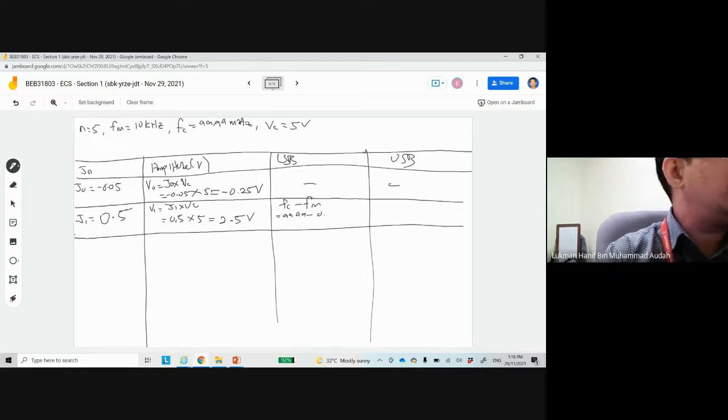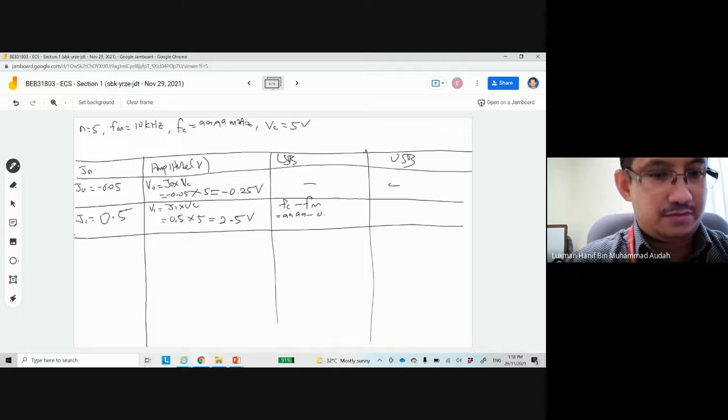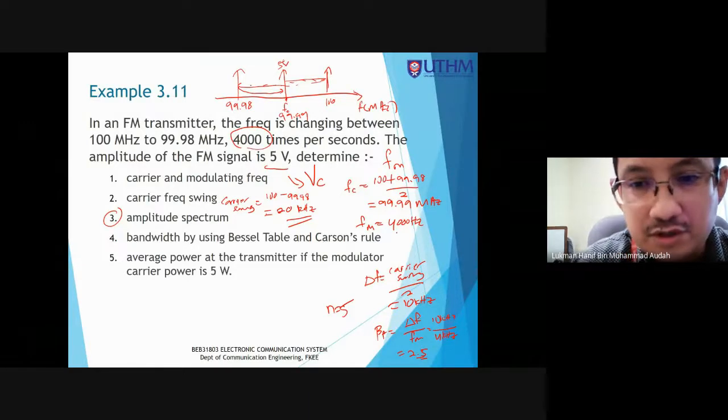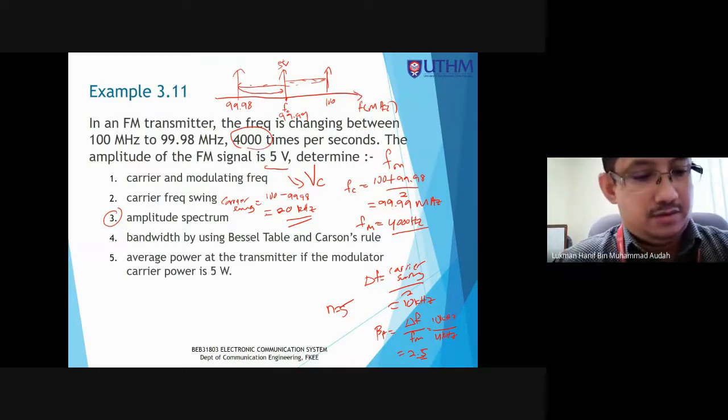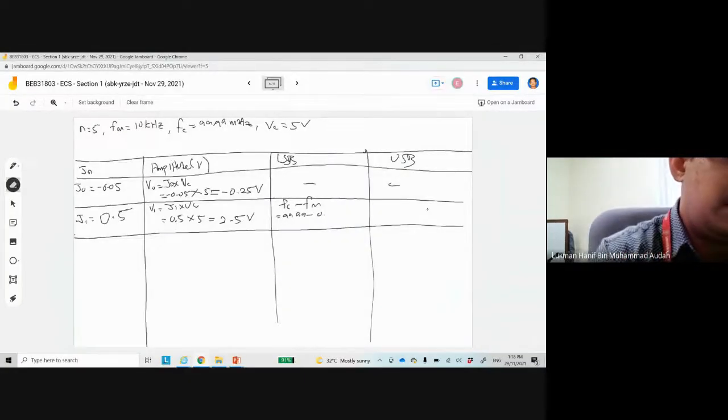The key here is FM. How much is FM? Okay, FM here is 4K. FM 4K bukan 10. So ni silap sikit lah. Ya, ni ada silap.